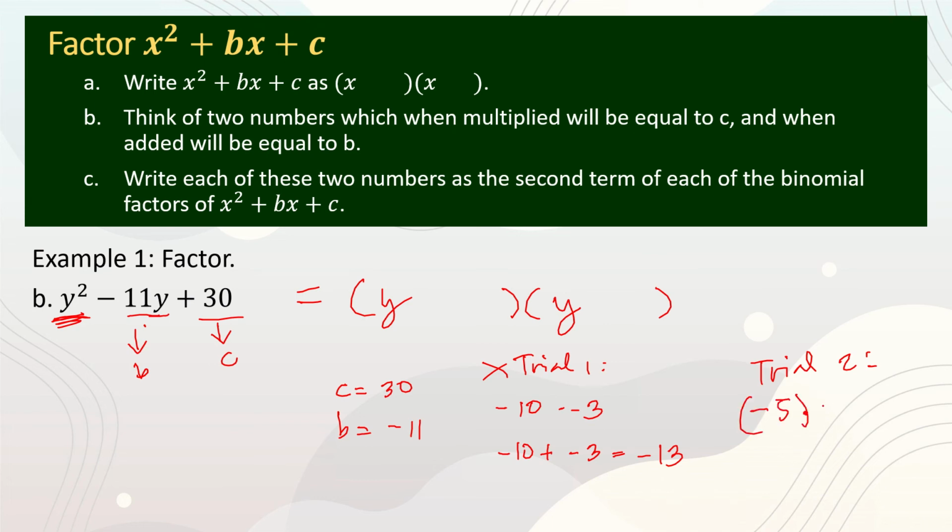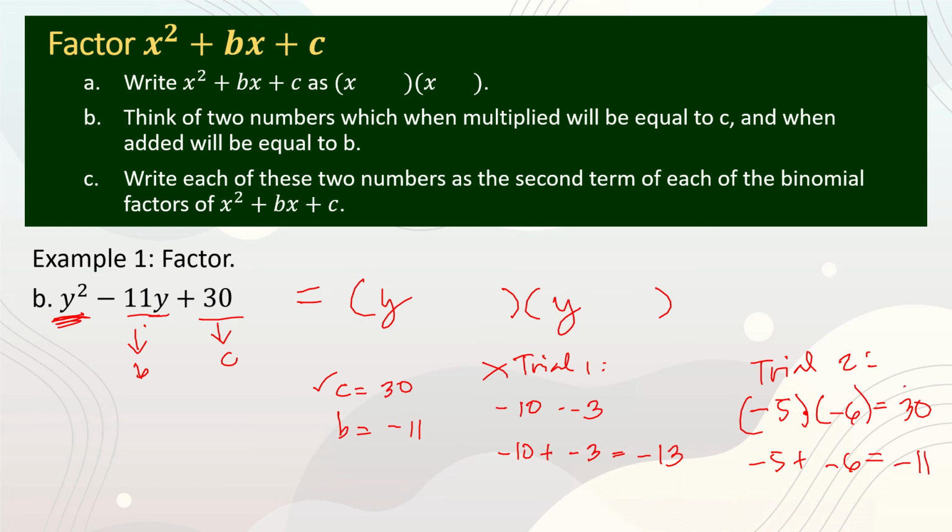When you multiply negative 5 and negative 6, what will be the result? That's 30. That's your C. So that's correct. Make sure that when you add them, it will result to the B. Negative 5 plus negative 6 is negative 11.